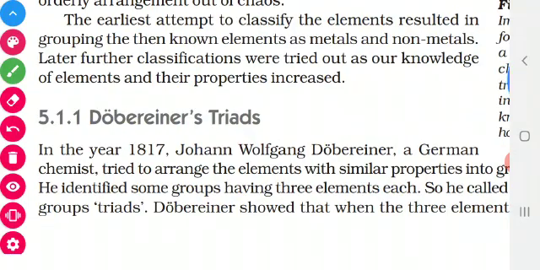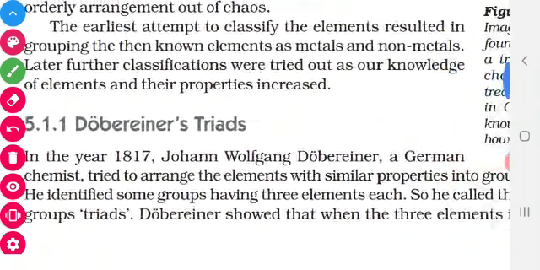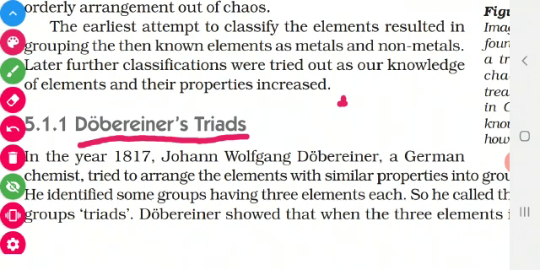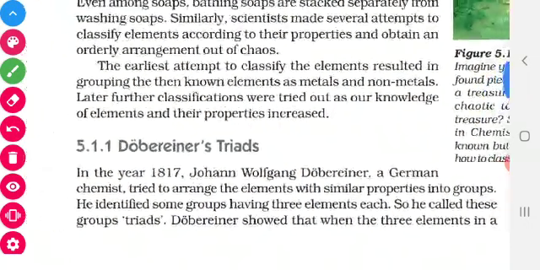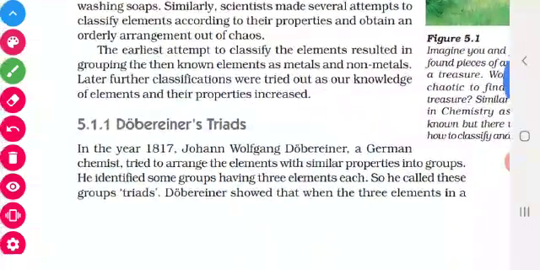Who is the first scientist to arrange these elements? Dobereiner. See triads. Come to the topic 5.1.1, Dobereiner's triads. Triads means what? Tri means 3. He classified the elements into groups, and each group contains 3 elements. This was Dobereiner in the year 1817, a German scientist.